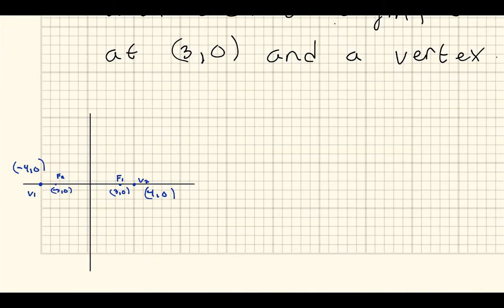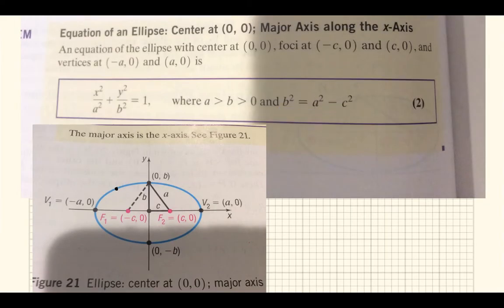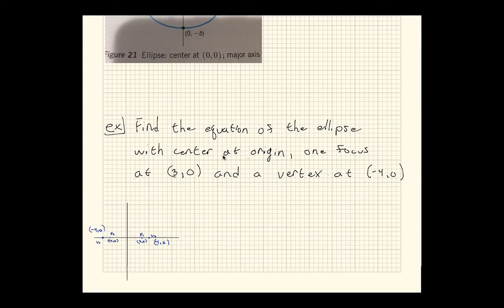What I don't have are the minor vertices. I don't know how high this is stretched, so I don't know if it's like this, or like this, or if it's stretched a little more. So that's what we're going to find using this equation here. Remember, c were the focus points. a is my vertex points on my major axis.